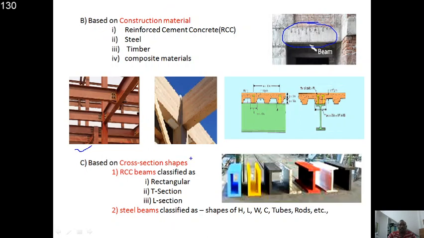And timber beams are like this, where we are using timber as the beam material. For composite materials, you can use a combination of steel and RCC, or steel and any other member.